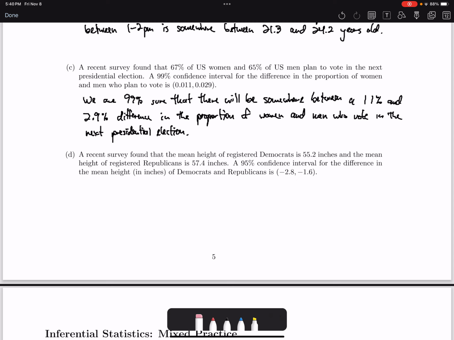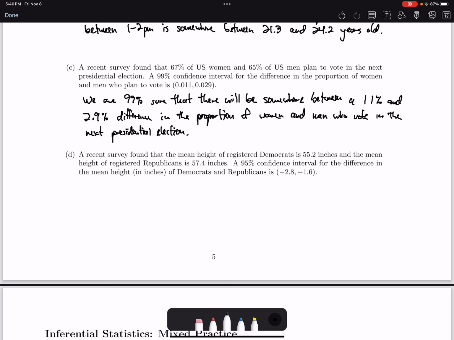So in our sample, there was a difference in the means of 2.2 inches, with Democrats being shorter than Republicans. And so at the population level, we would expect there to be a difference somewhere between negative 2.8 and negative 1.6 inches. Or rather, a difference of somewhere between 2.8 and 1.6 inches, with Democrats being shorter than Republicans.